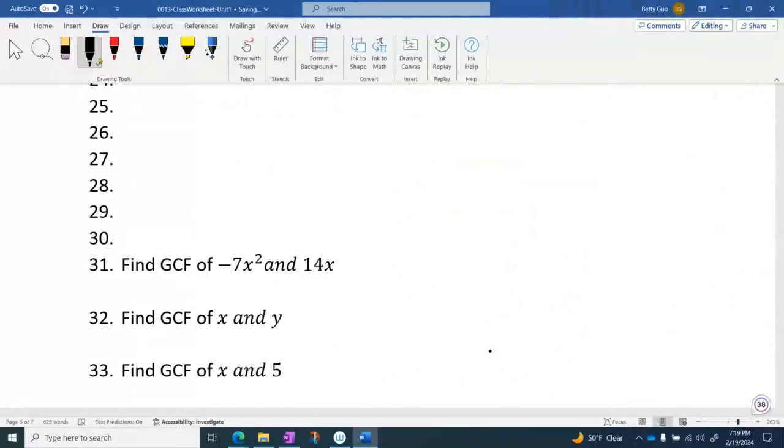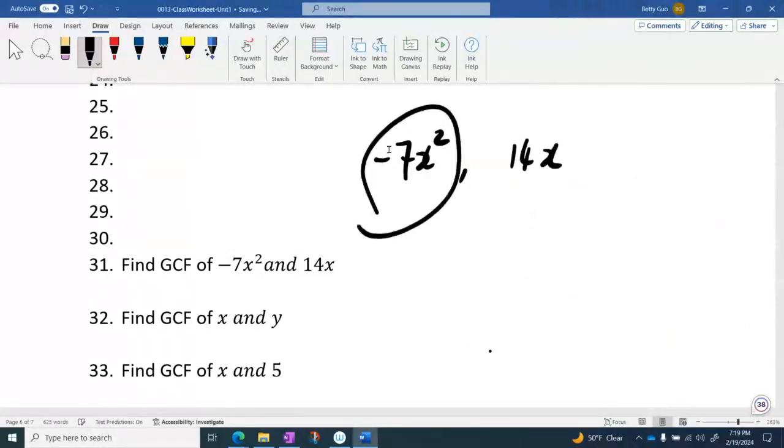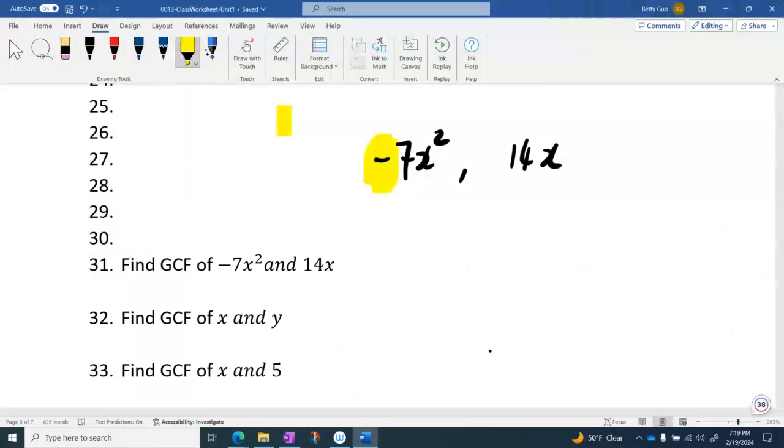I have negative 7x squared. I also have 14x. This is a term, and this is a term. We are looking for the GCF of the two terms. I want to tell you that when we look for GCF, we do not consider the negative sign. So just ignore the negative sign, okay?